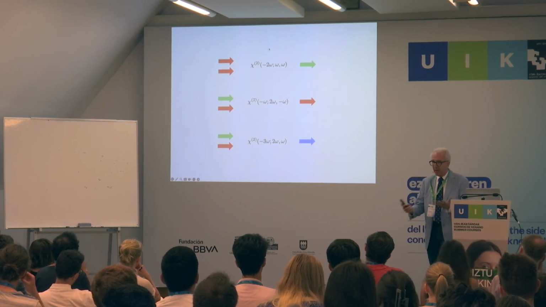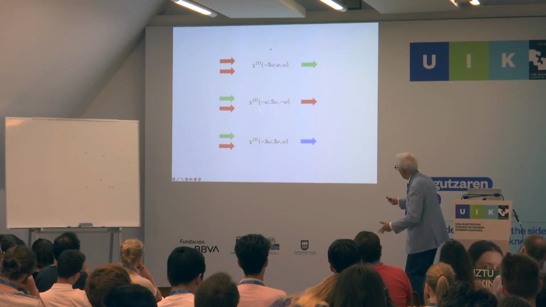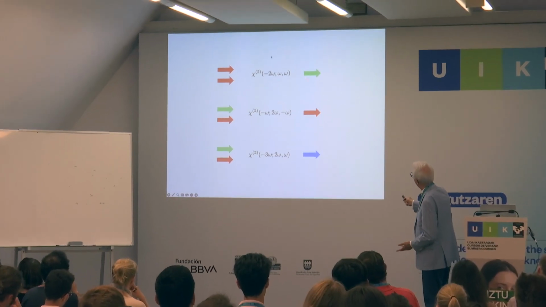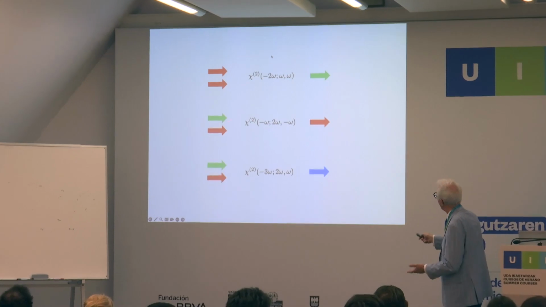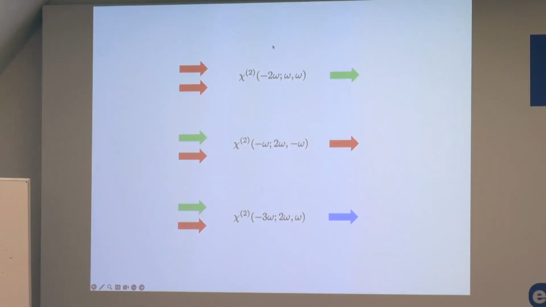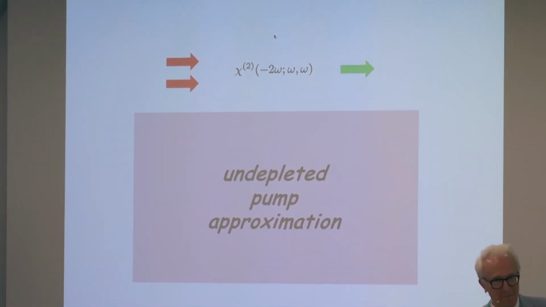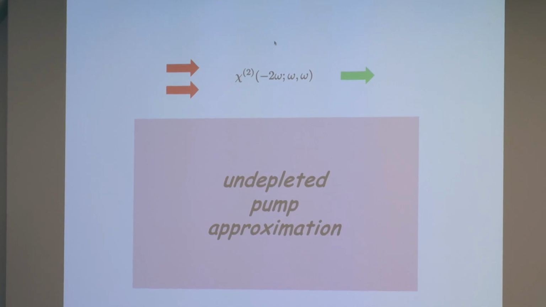But there is a whole class of processes where, because you generate very little of this light, these other processes are very weak, and you can forget about them to first approximation. That's sometimes called the undepleted pump approximation. So when you hear or read undepleted pump approximation, one is neglecting all those feedback processes that ensure energy conservation and generate new frequencies.